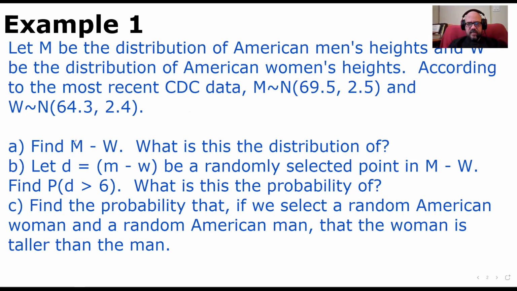So I want to find m minus w. So let's go over here and do this in blue. I like blue. I'm not going to write down what I just explained for m minus w, I'm just going to talk it out.